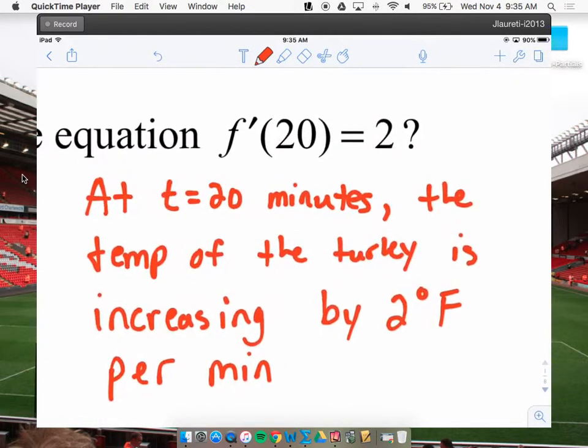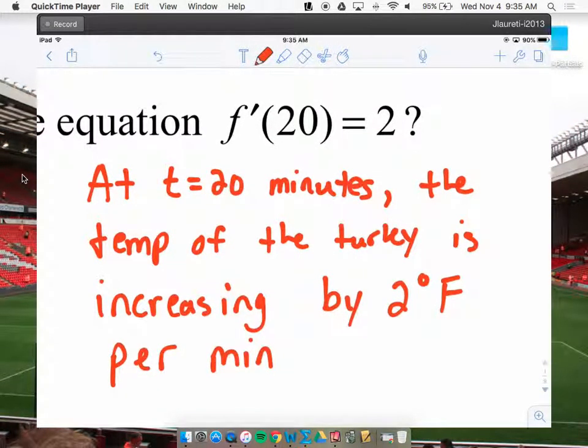So that could be that it's reached its highest temperature. If your slope is positive, that means something is increasing, and then eventually, if it levels off at 0, it's going to start decreasing again.